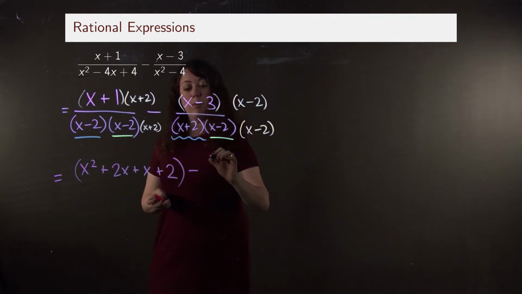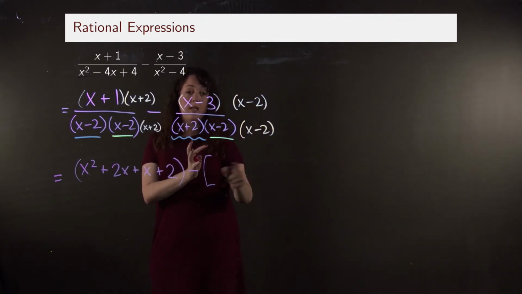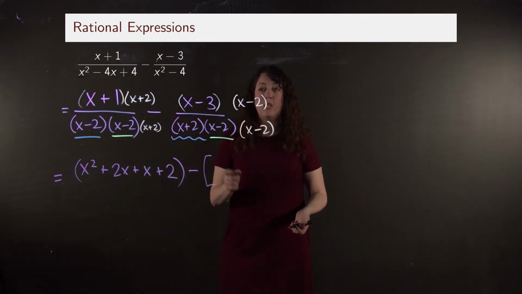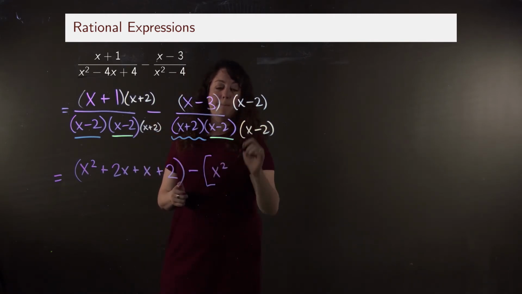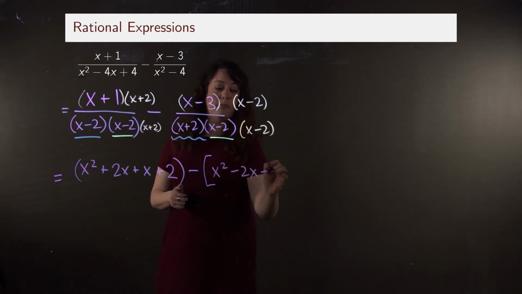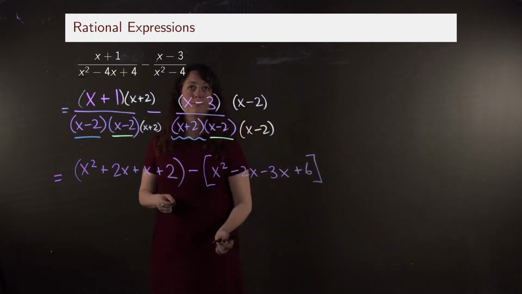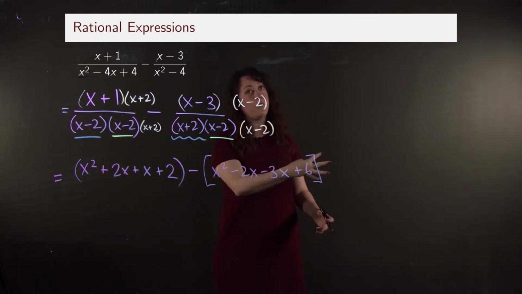So I want to make sure when I multiply this out that I'm keeping all of that as one chunk, and then when I subtract later, I'll distribute the negative to each of those pieces. So minus, and I'm going to distribute this out, x squared minus 2x minus 3x plus 6. So that's my second piece. So I'm taking that whole first piece minus my whole second piece.